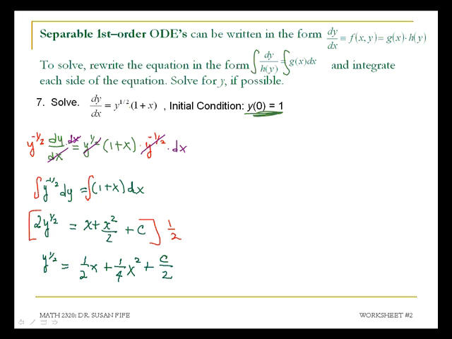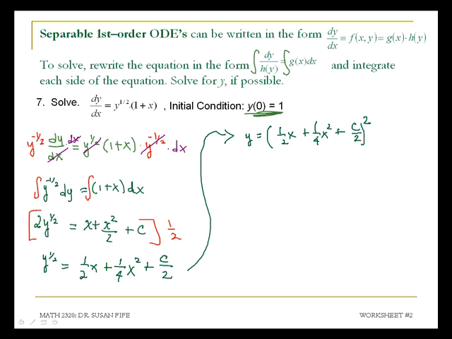And then to get rid of this 1/2, you can square both sides. When you square both sides of the equation, you get y is equal to 1/2 x plus 1/4 x squared plus c over 2, squared.